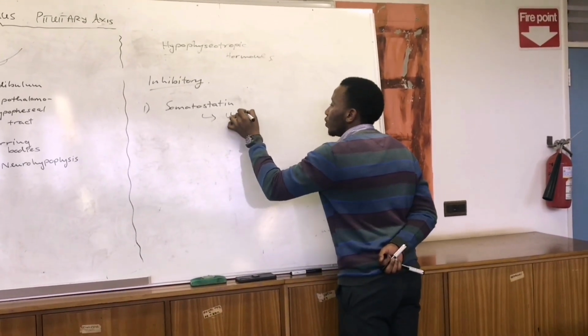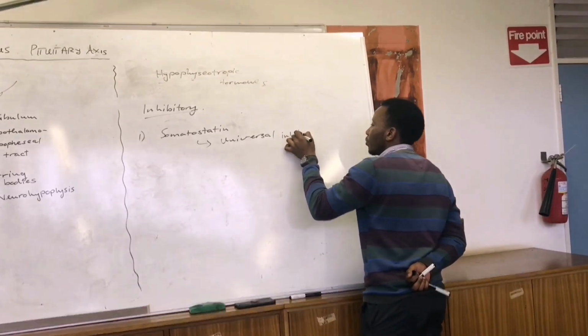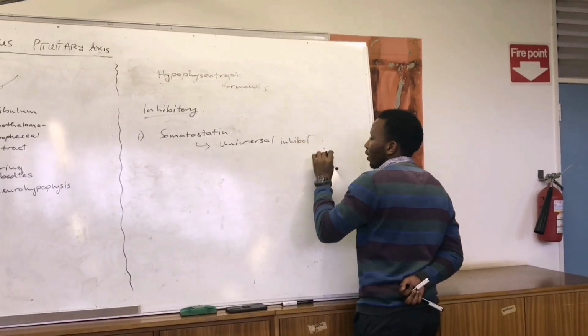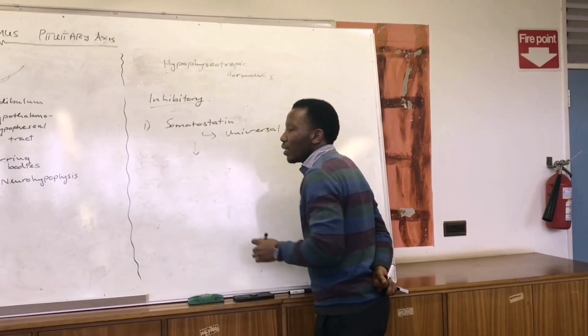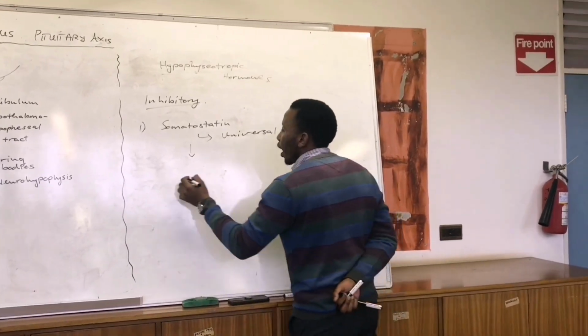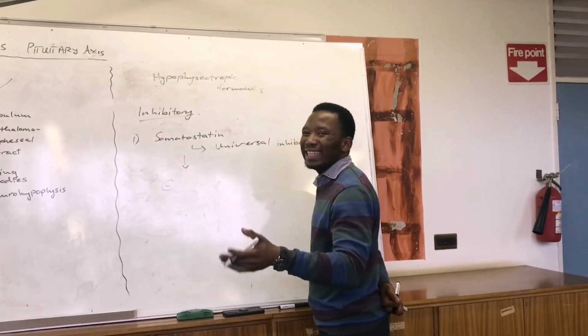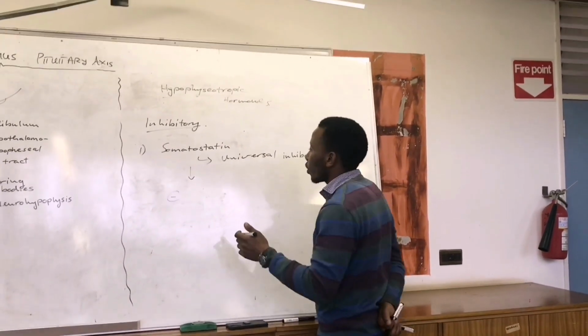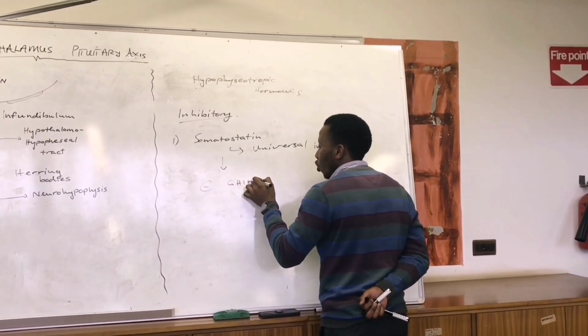Somatostatin, we call it a universal inhibitor. This guy is a monster, universal inhibitor. So, when released from the hypothalamus, its major job is to inhibit the secretion of growth hormone, okay? That's why we always call somatostatin your growth hormone inhibiting hormone, okay?